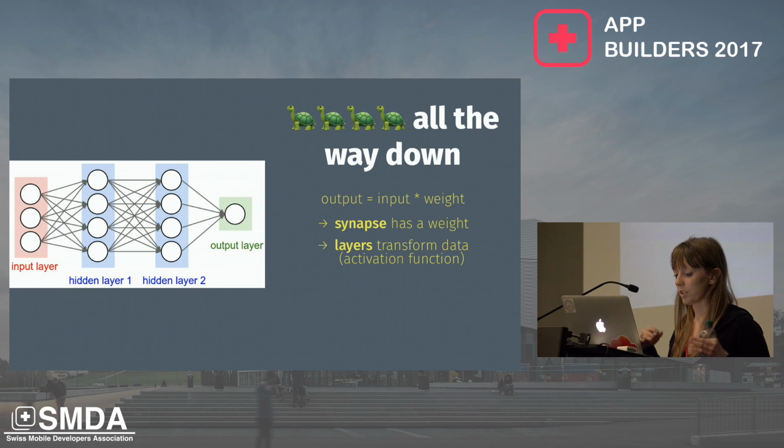So what does a neural network look like? Kind of like a bird's eye view. You have the input data, and then you have the output data at the end. And then what happens in between is you have many layers. This is just a very simplified version. You may have, I don't know, tens, hundreds or so layers of transformations of that data along the way. Each synapse, which is the circle, is an input.